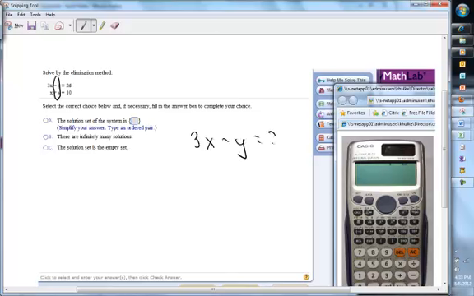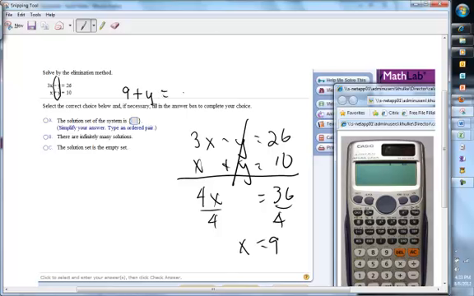We have 4x. These are eliminated. Plus and minus eliminates them. 4x is 36. Divide both sides by 4. We get x is 9. Substitute that into the second equation. 9 plus y is 10. So y is 1, because 9 and 1 makes 10.